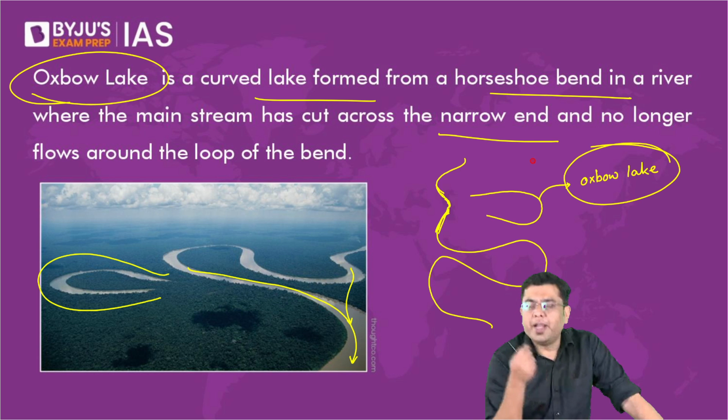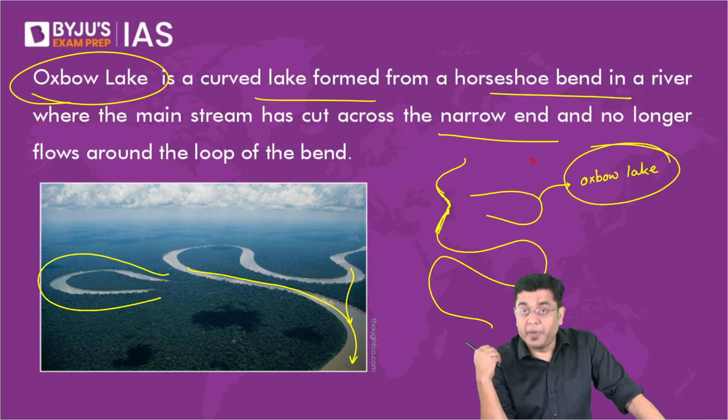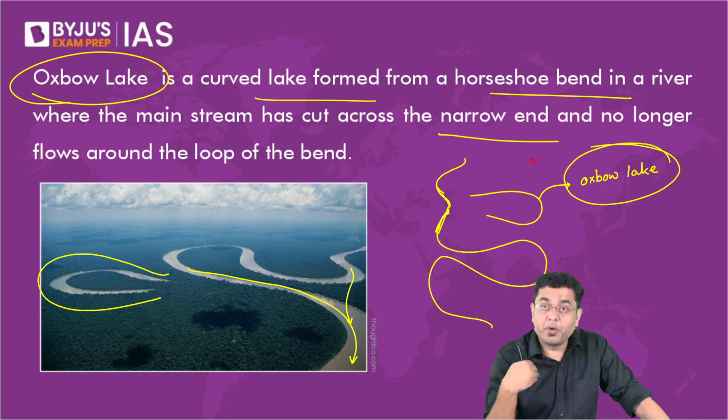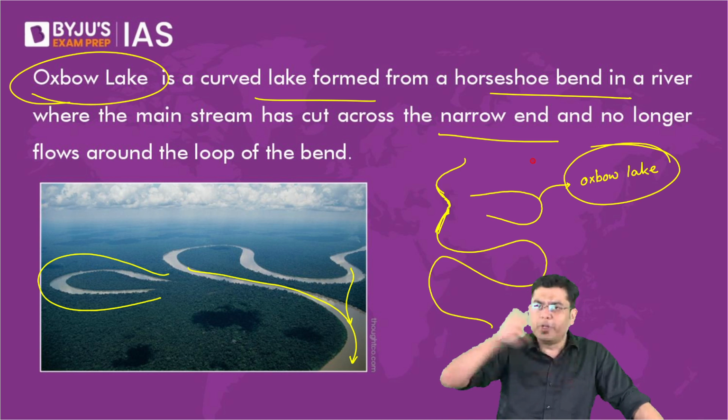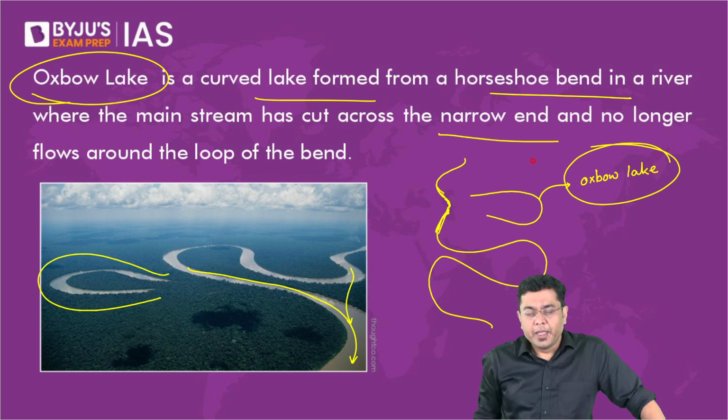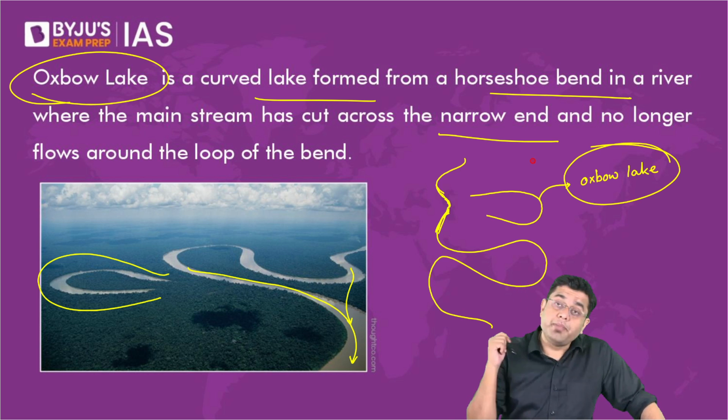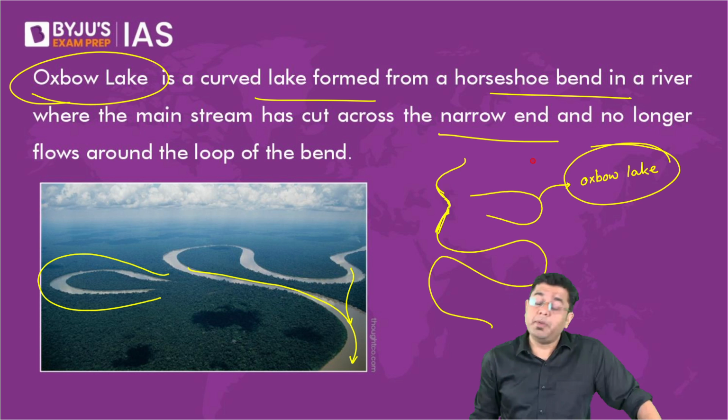If ever you get an opportunity to move by airplane or fly between Delhi and Kolkata, or let's say Delhi and Bhubaneswar, or Delhi and Raipur, or anywhere across the northern plains of the country, if you observe carefully on the ground, you will observe many such beautiful meanders and many such oxbow lakes getting created.